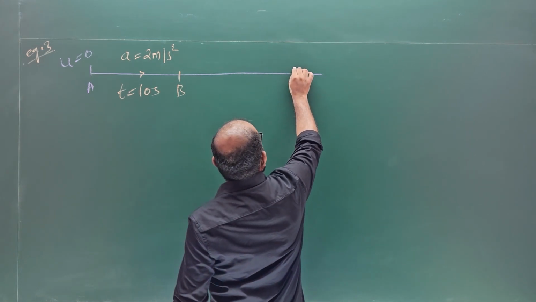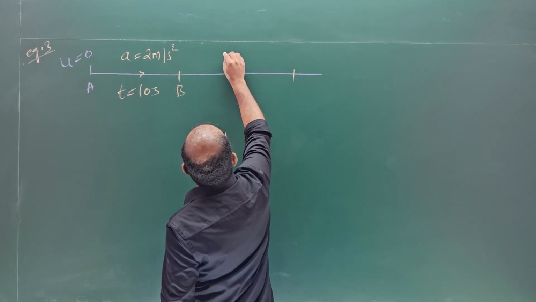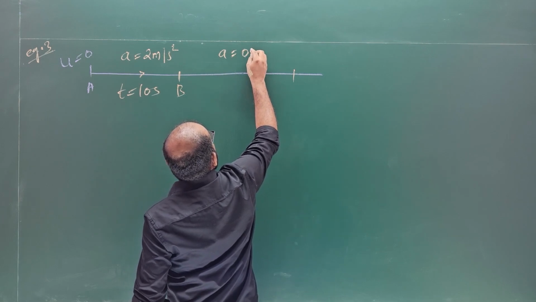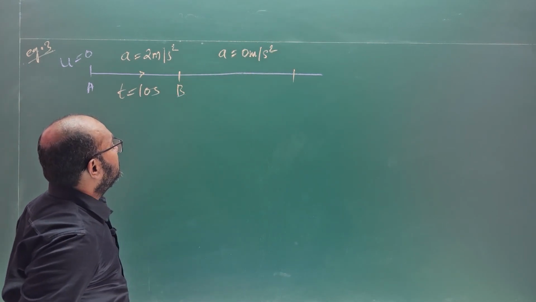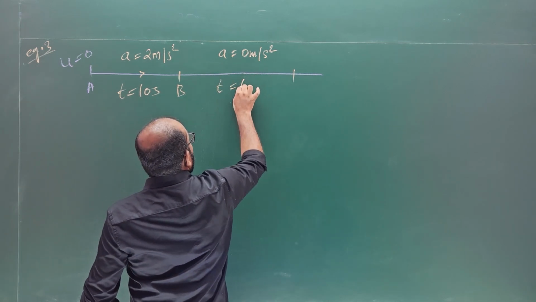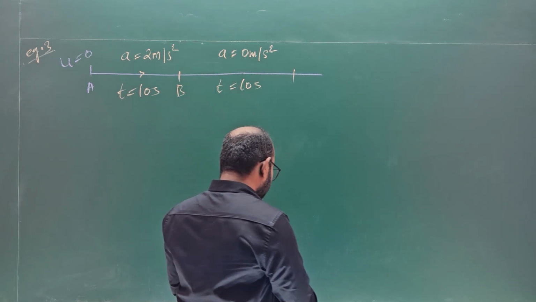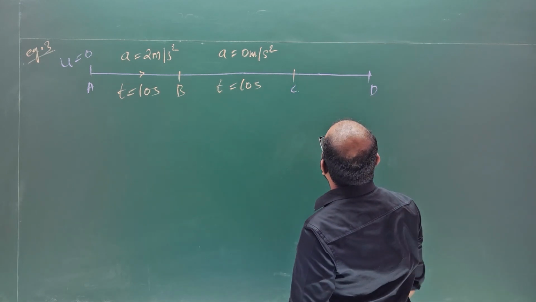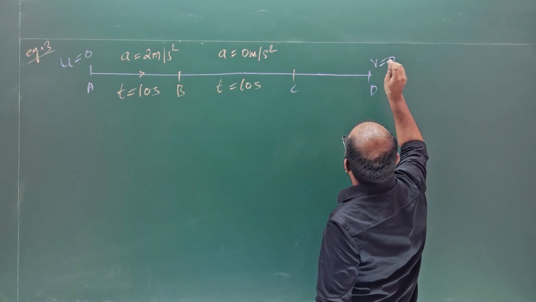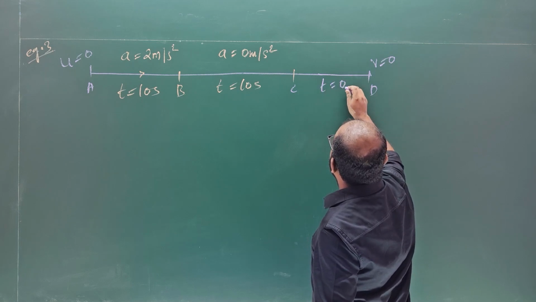Then it reached point C with constant velocity, that is 0 meter per square second acceleration, and the time period is again 10 seconds. Then point D, velocity is 0, it took a time period of 10 seconds.